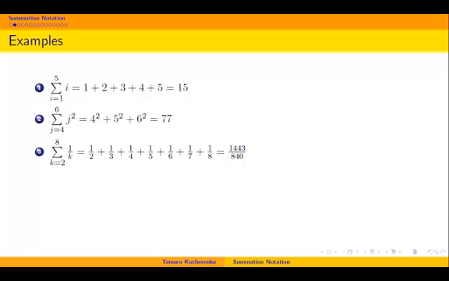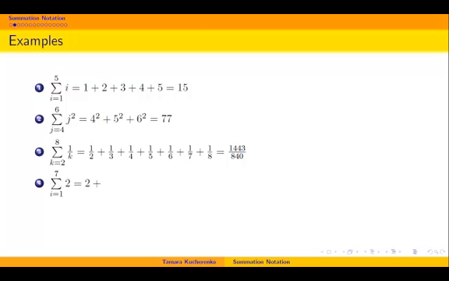The next example is to compute the sum from i equals 1 to 7 of 2. As before, we start with the index i equals 1 and obtain 2 as the first term of the sum.